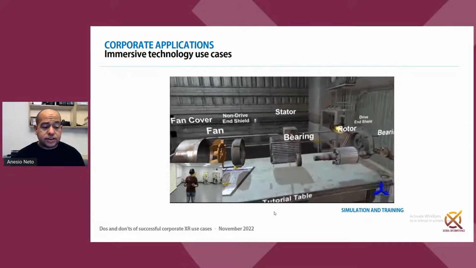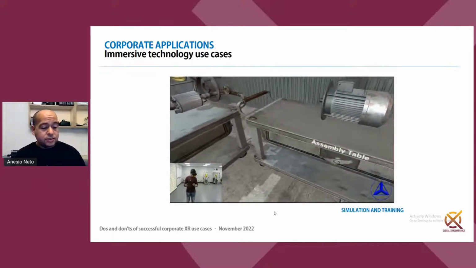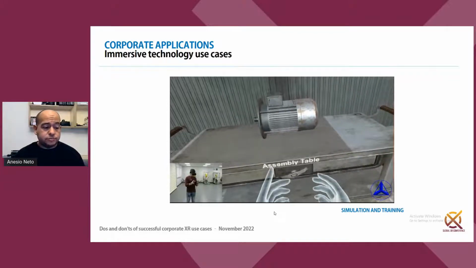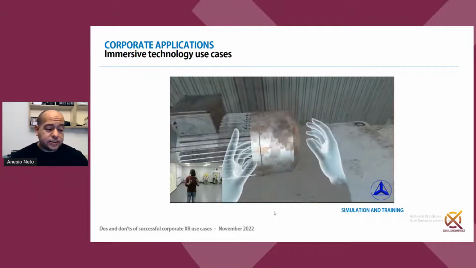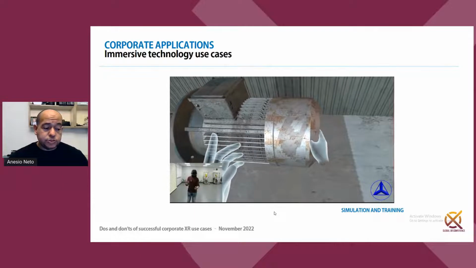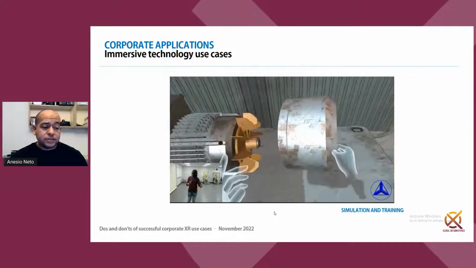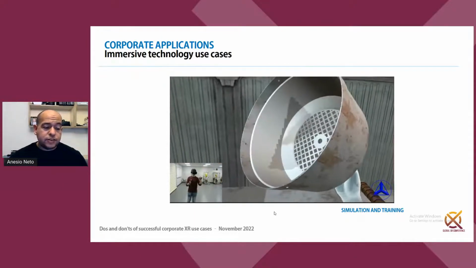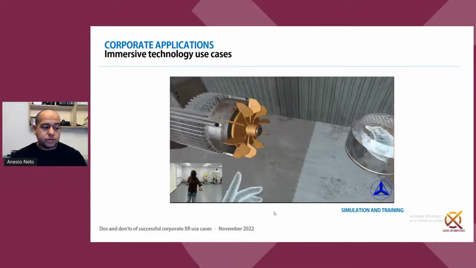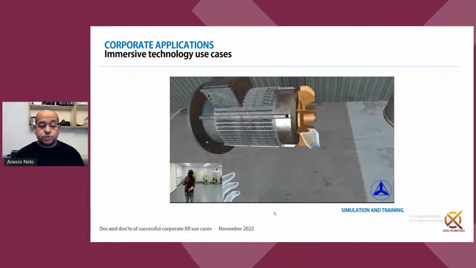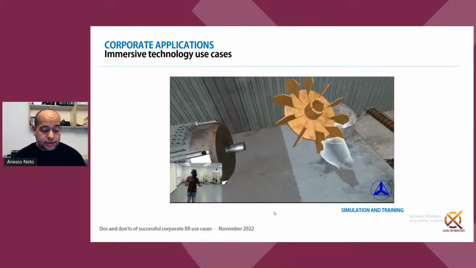So he can understand what parts are necessary to assemble that motor, and then he can test this using virtual reality, and there is not going to be a problem if he makes any kind of mistakes, because he's using VR training to do that.